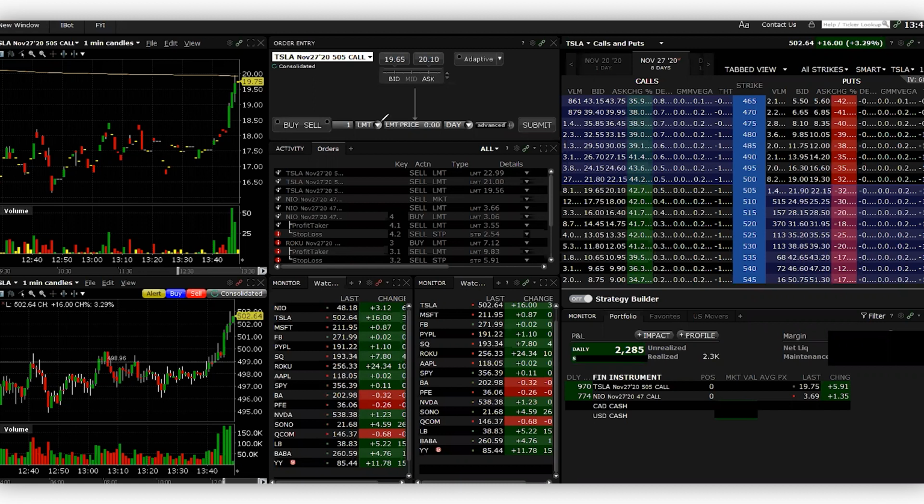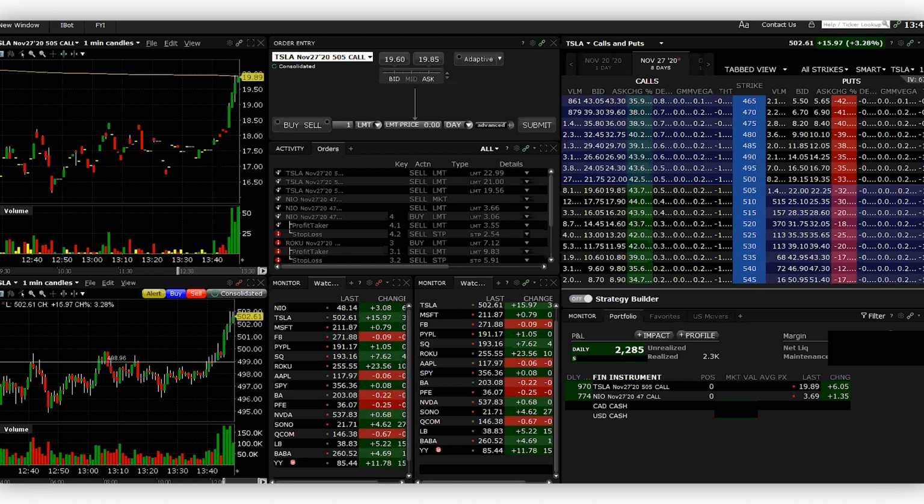But the options chain, what I tie it to is the actual price chart for the option. This is a great tool that I like. I like to look at a 1 minute candle chart for the actual price of the option so I can get a better understanding, and you can even do some technical analysis. Now, I really like to look at the 1 minute chart on the actual stock itself. So along with the options pricing, I have the stock itself down below here.